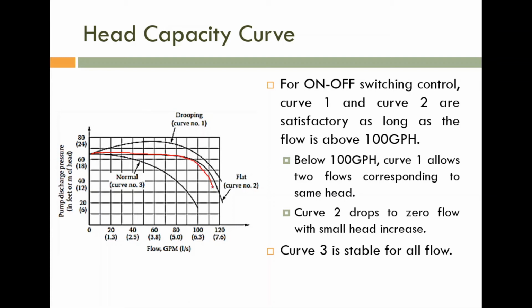It is known as a flat curve. And in some situations the flow rate is continuously increasing with respect to the decrease of pressure. It is known as the normal pump curve. For our remaining discussion, we are considering this normal curve, but generally you can see three different types of pump curves: the dropping curve, the flat curve, and the normal curve. So there are three different types of pumps.